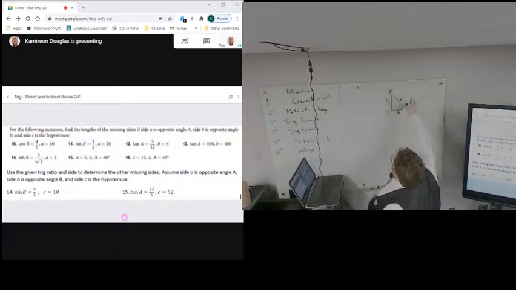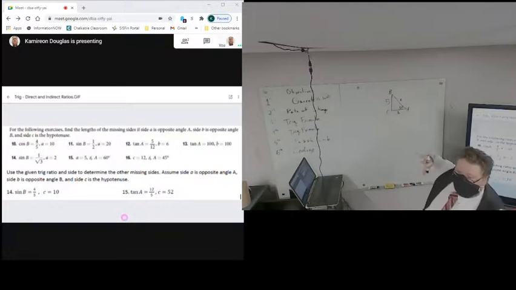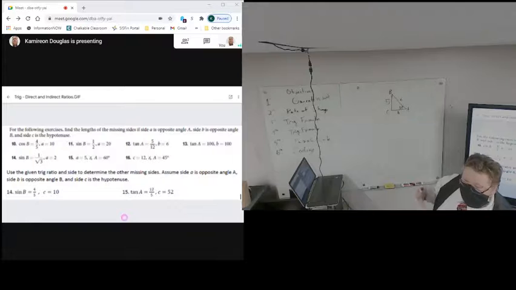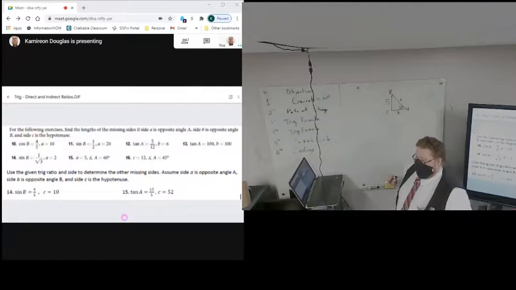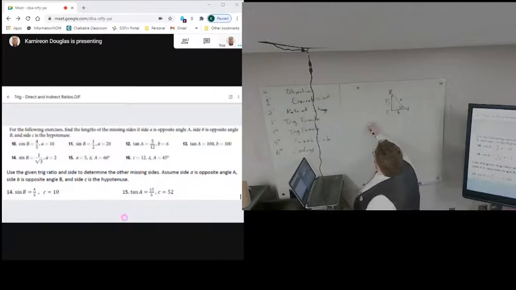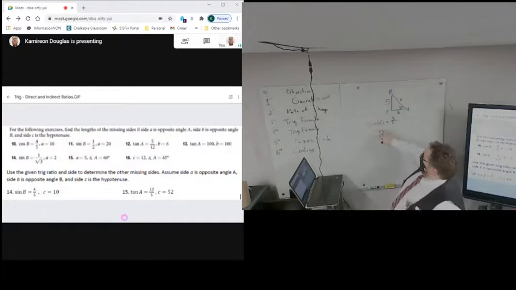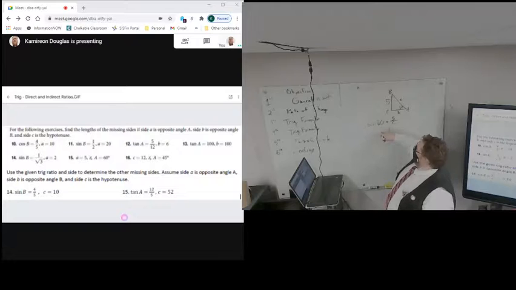In this picture, don't forget, in any triangle picture, there are 6 trig functions I could talk about. Now, I'm actually going to list 3 of them: sine, cosine, and tangent, because in any triangle, I can always do that. Sine of 60, because that's the angle in question, is the opposite, 5, over the hypotenuse, c. Notice sine of 60 is a number, 5 is a number, c is a variable.